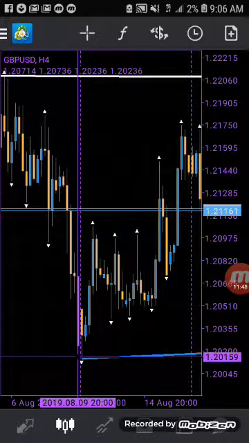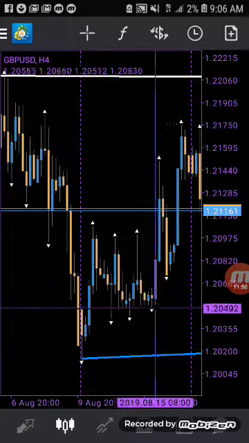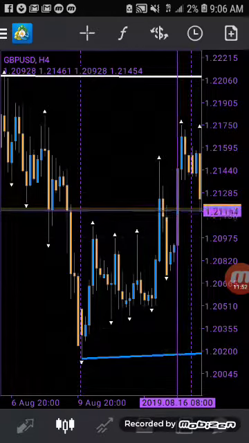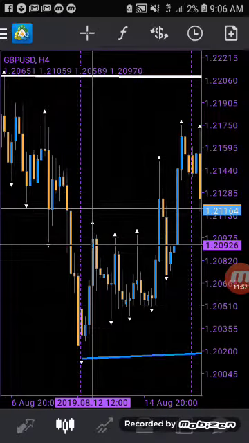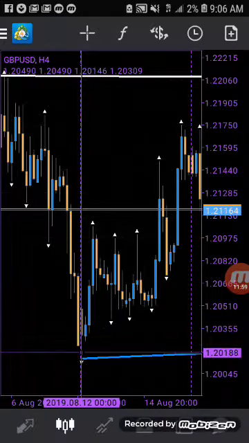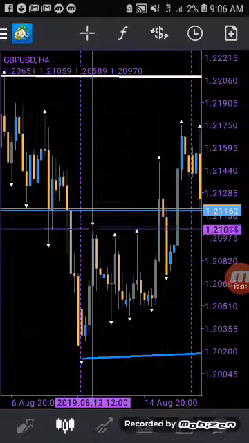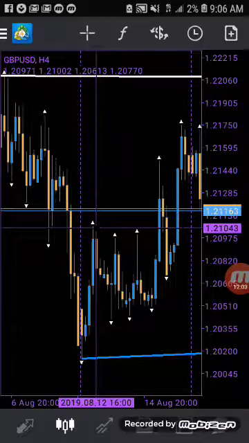Because look, it came down here to its lowest point, started going up, started taking out ceilings. See here, look, it just hit the floor here, came up, then came back down.